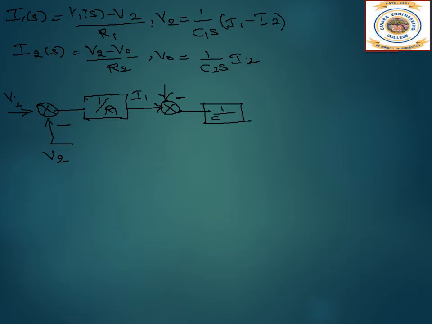Then we have V2 over here. Next we have I2 of S, so again we have a summation point. Another input is from V0, so this is coming from V0. Here we have 1 by R2.